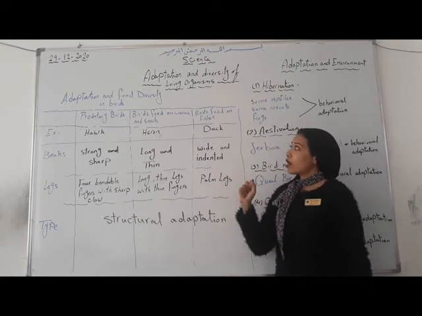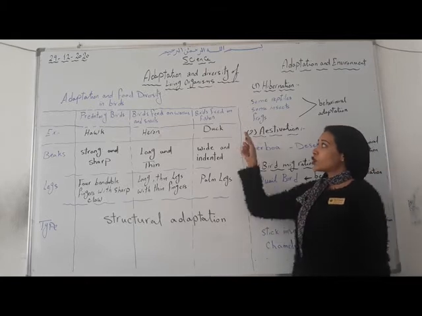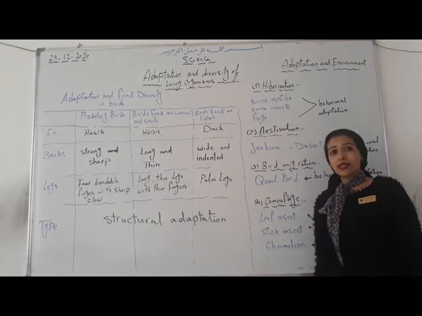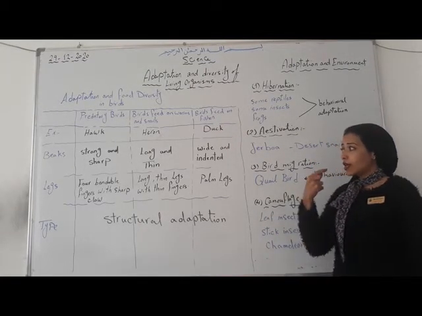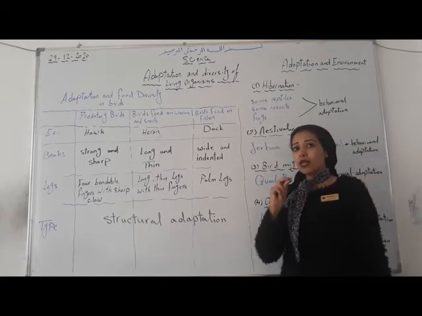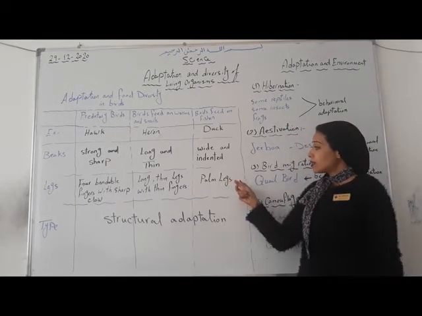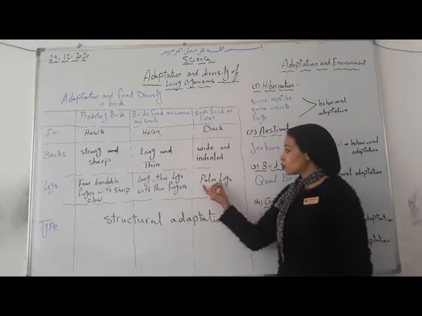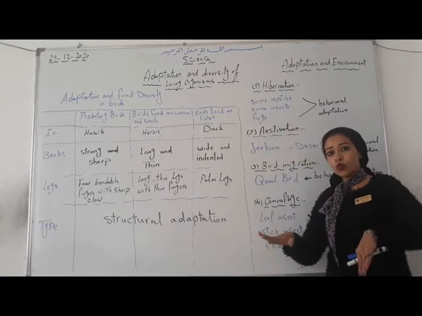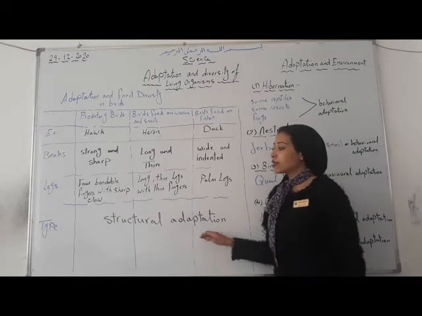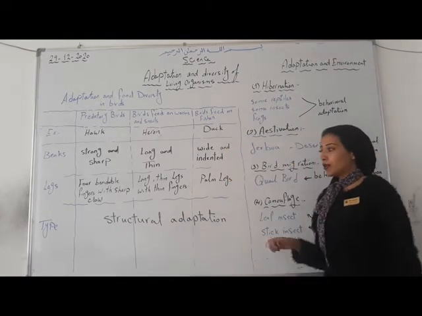And the third type of bird is the birds which feed on fish, like ducks and geese, which have a wide indented beak and legs modified into webbed feet to help it swim in the water, and it's also a structural adaptation.